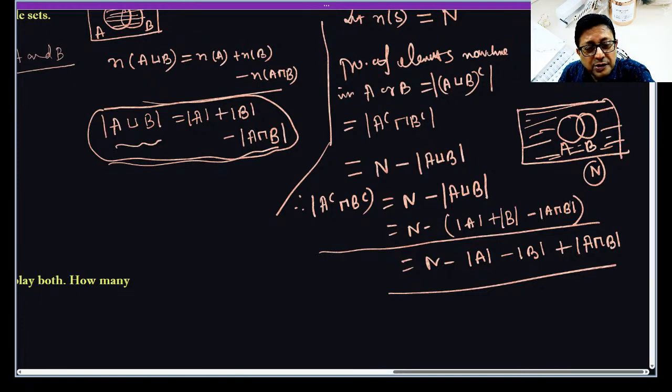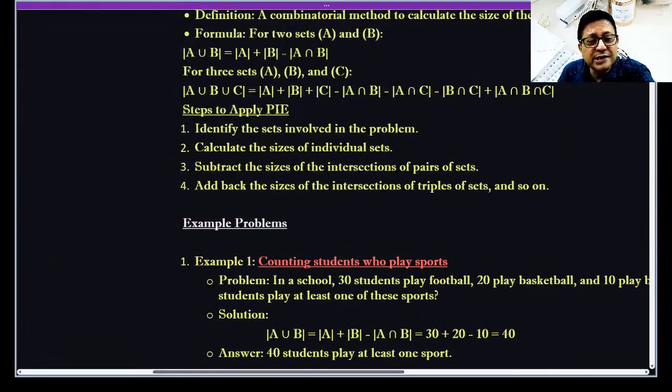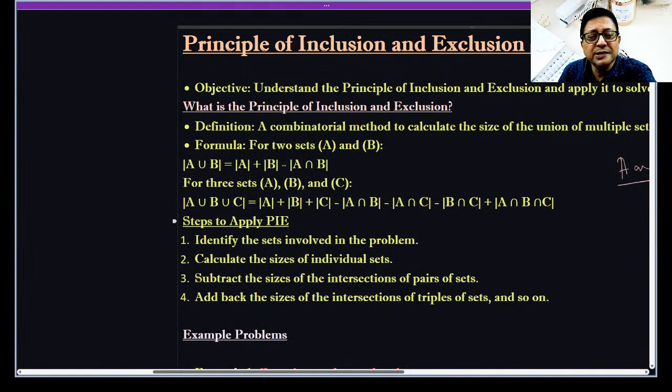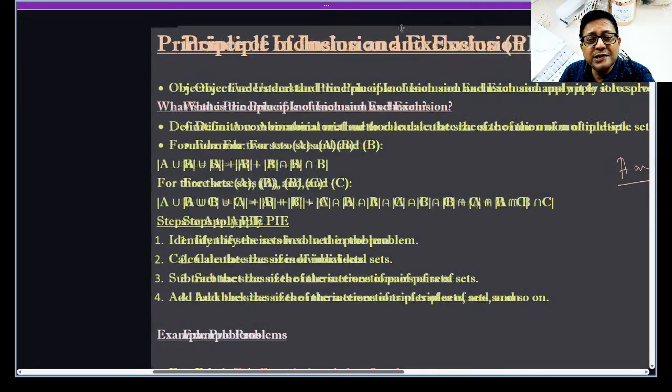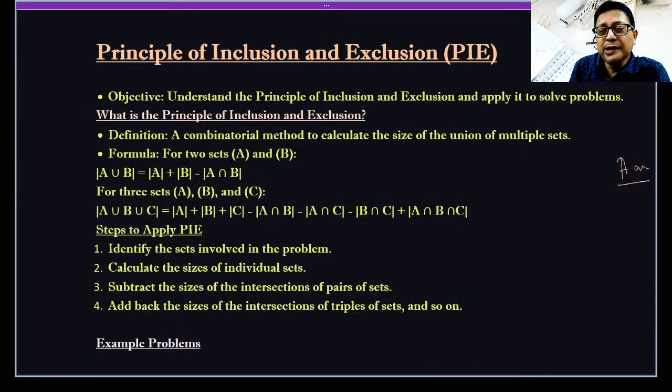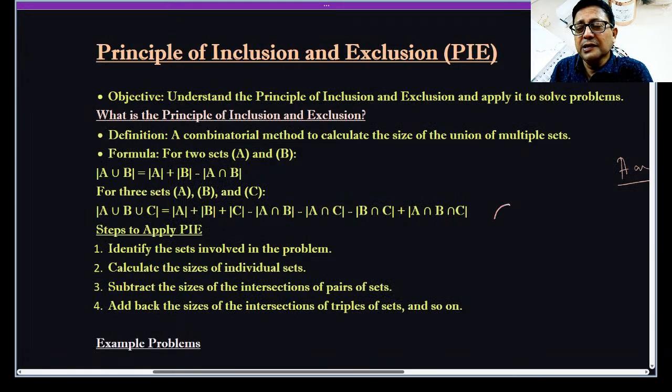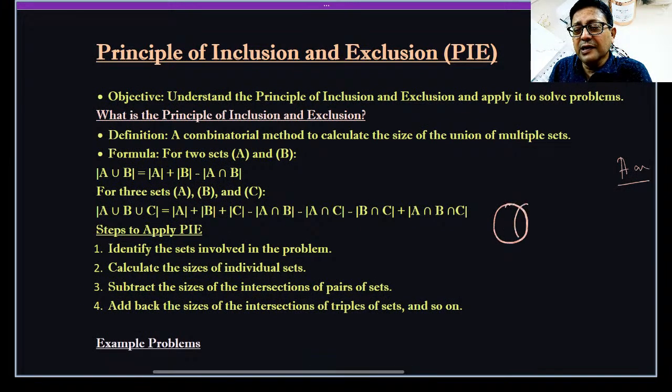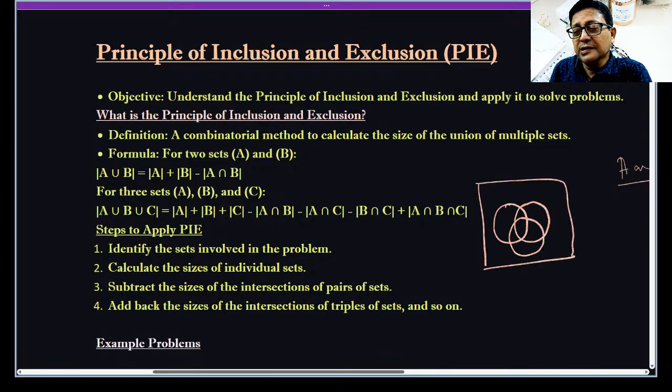Okay. What about three sets, A, B and C? Let me explain. If you consider number of elements in A union B union C, then you can find it from the Venn diagram, isn't it?